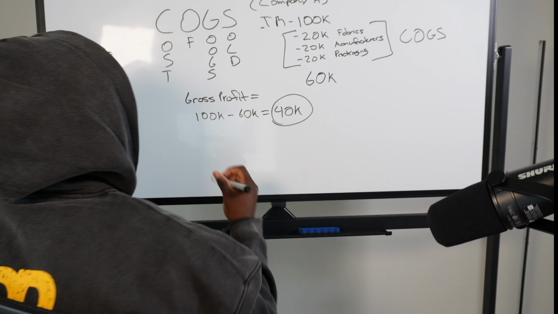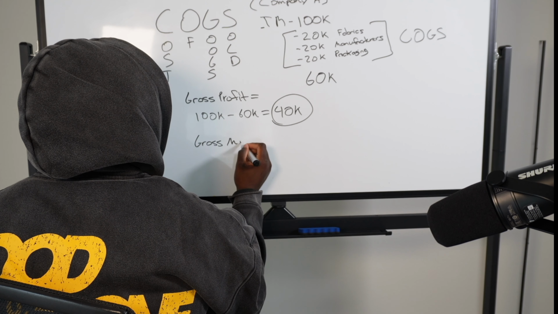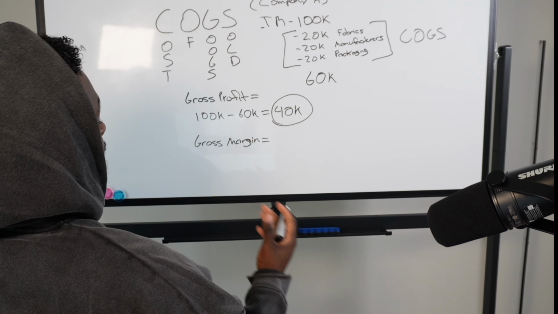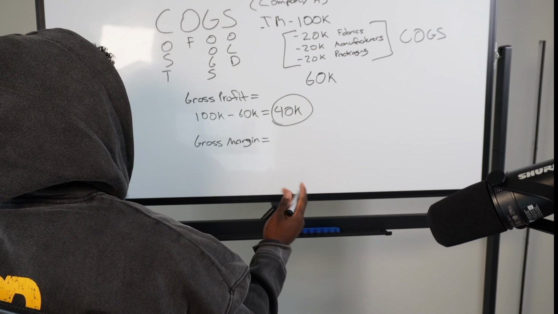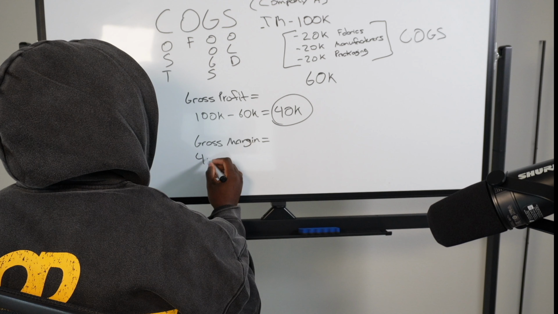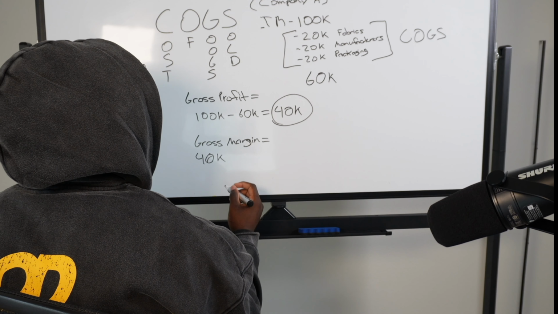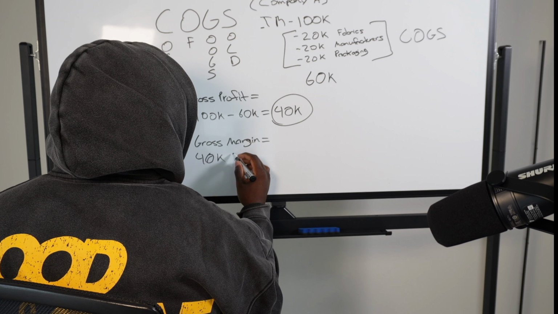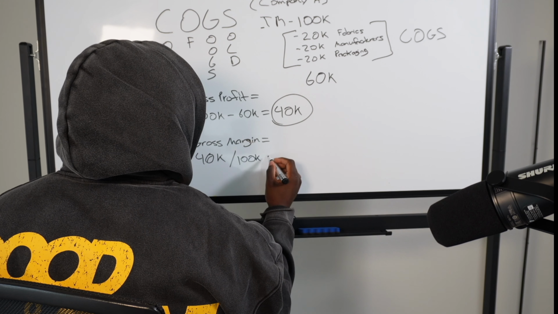Now, how do we find our gross margin? Well, now that we have our gross profit, we're going to take our gross profit of 40K and divide that by our total revenue of 100K.